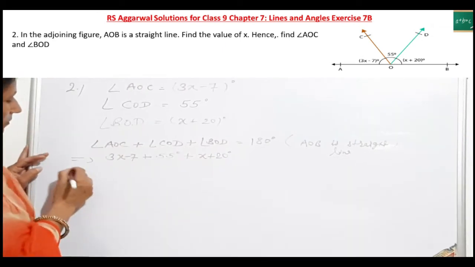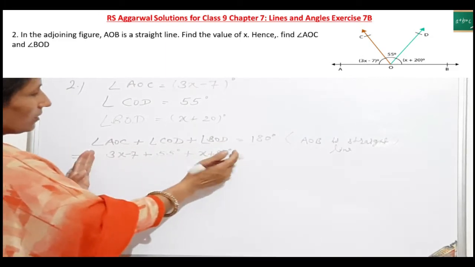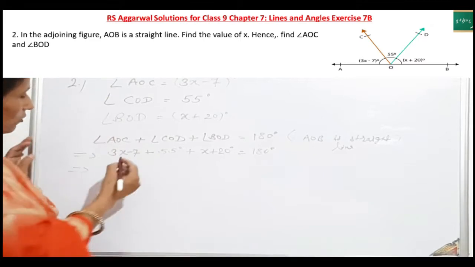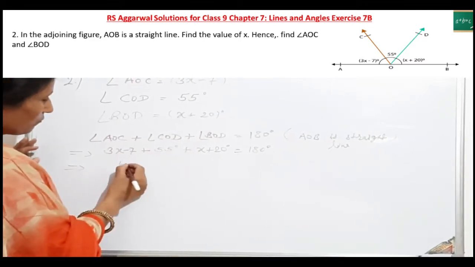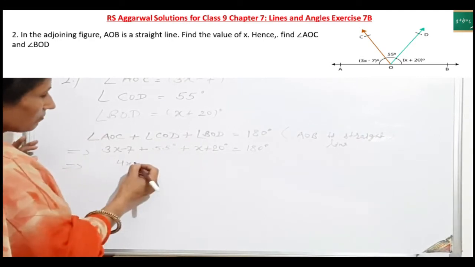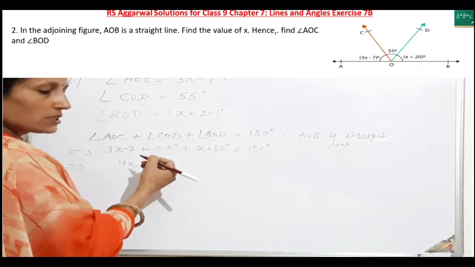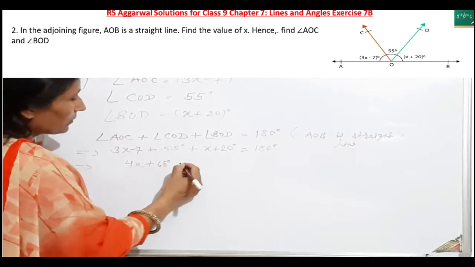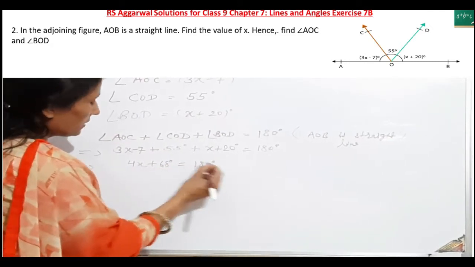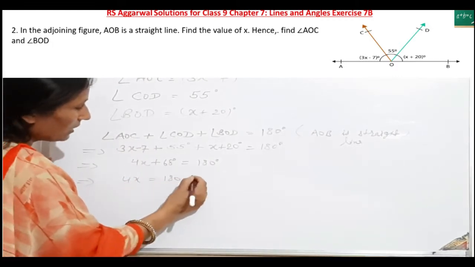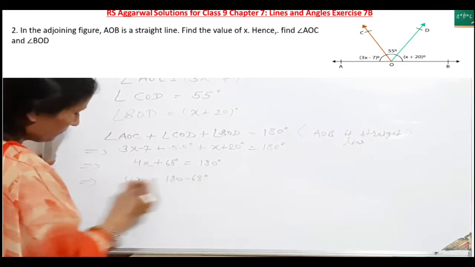Now we will do the calculation and find out the value of x. 3x and x will be 4x, and then 55 plus 20 is 75, and 75 minus 7 is 68. So here we can write 68 degree is equal to 180 degree. Now 4x is equal to 180 minus 68 degree.